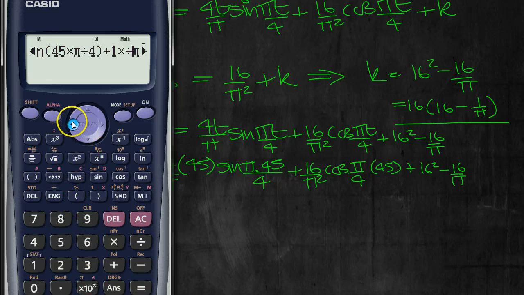I need to put 16 down. I'll check it in a minute as well, of course, before we actually work it out. 16 over pi squared times cos pi over 4 times 45. Close the cosine bracket. Plus 16 squared minus 16 over pi.